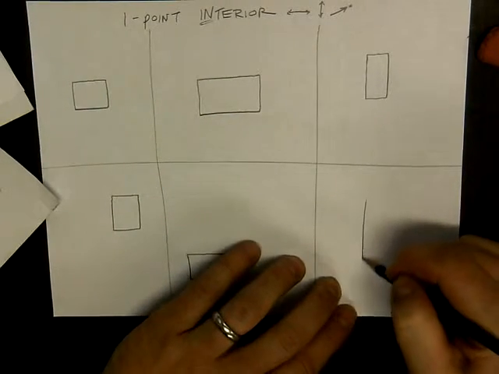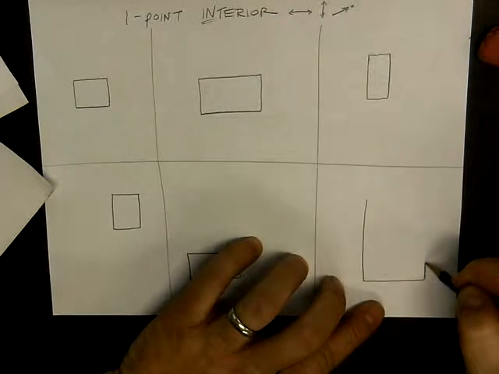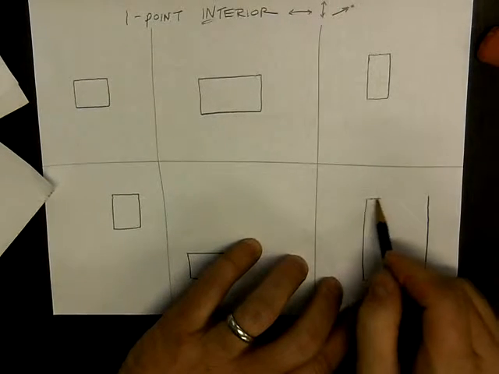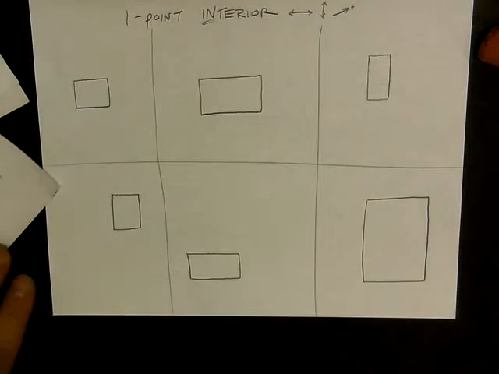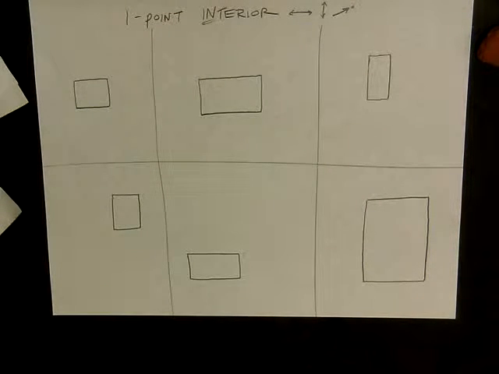We could make one that's really big, like this. But your options, for the most part, are squares or rectangles, unless you had a round ceiling. But you can make them larger or smaller. You can move them left or right or up or down. There's an infinite number of different places you might put it.